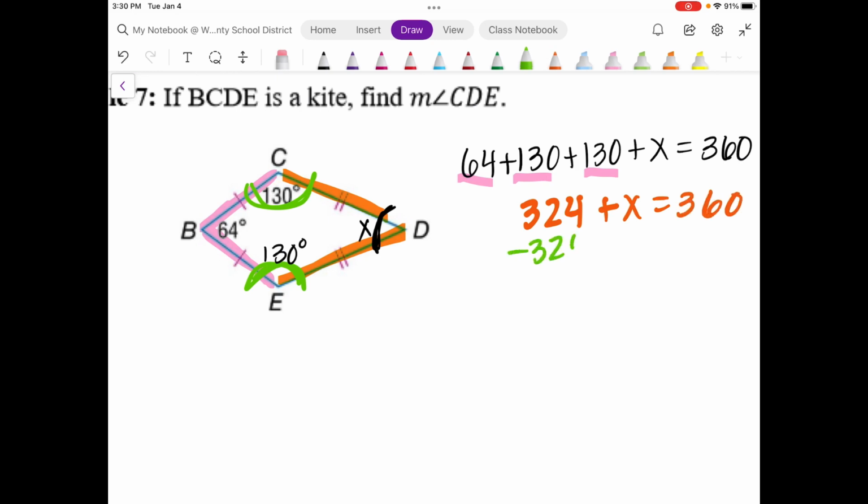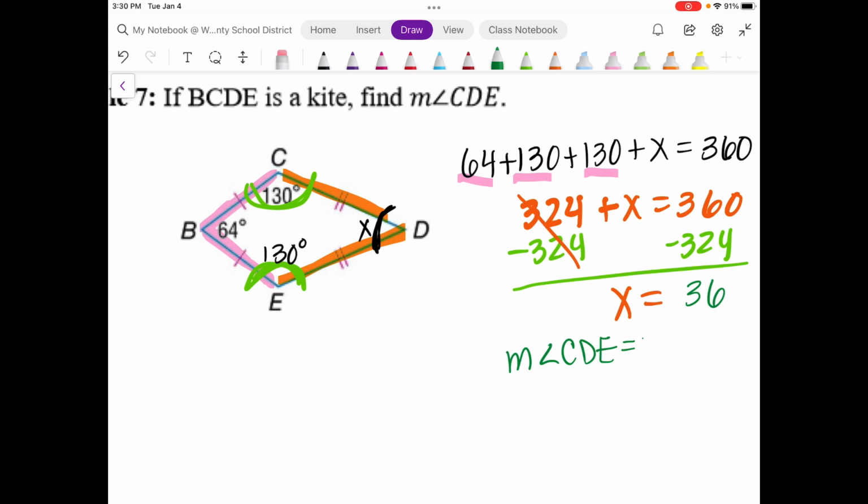Subtract 324 from both sides to solve for that X value. X equals, in this case, 36. So again, go back to the measure of angle CDE. It's 36 degrees. And that's the end of our notes.